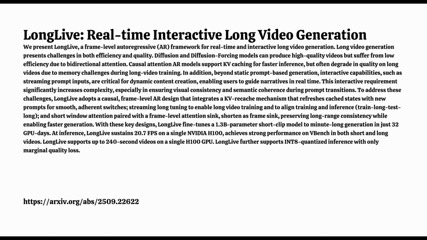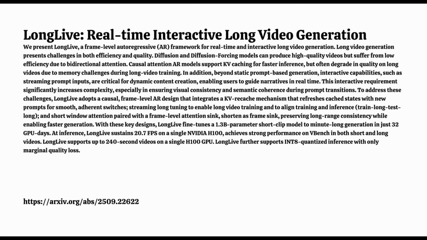That's a core difficulty. When you feed in a new prompt, the model has a dilemma. Option 1, throw away all the past context, the KV cache. If you do that, the model will follow the new prompt really well, but visually it's abrupt. You get a hard cut, a loss of temporal smoothness. Not ideal for a continuous narrative. Not at all. Option 2, keep the whole KV cache to maintain that smooth visual flow.